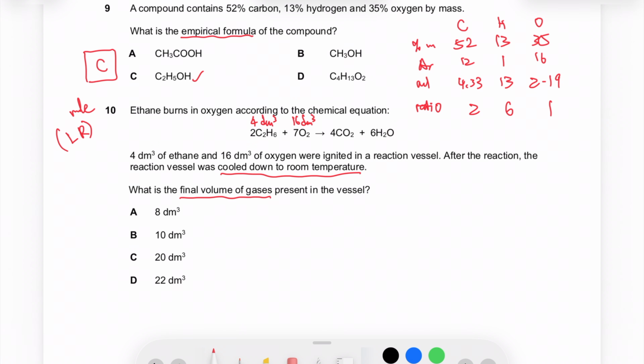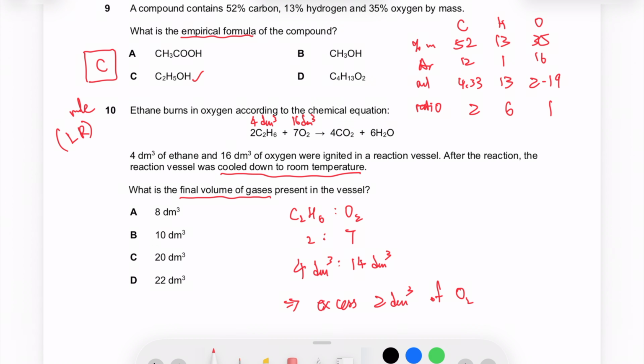Let me show you the working here. So C2H6 to O2. So it's 2 is to 7. So if 2 units is 4 dm cube, 7 units will be 14 dm cube. Okay, so in other words, you have excess 2 dm cube of oxygen gas.